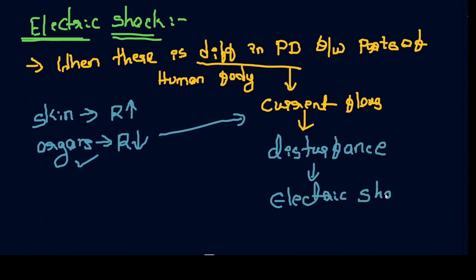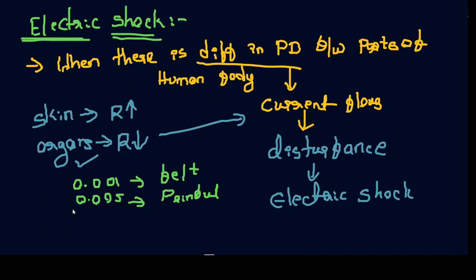Electric shock. Got it? For example, if this current is very low, like 0.001, then we can just feel it. But if it is 0.005, then it is a little bit painful, so we experience pain, right? But if it is increased a little more, to 0.01, then we can experience muscle contractions, and if it is 0.015, then we will lose control.